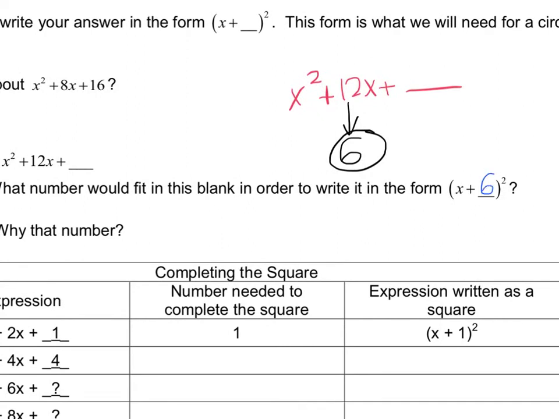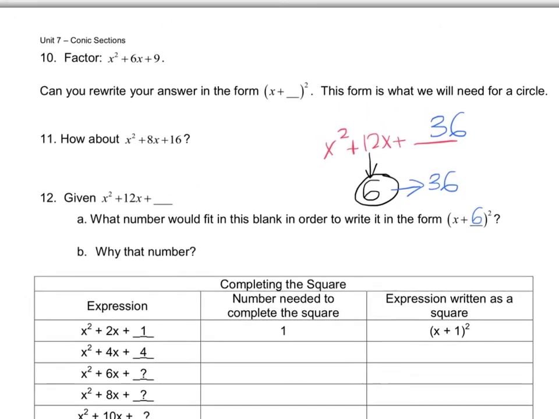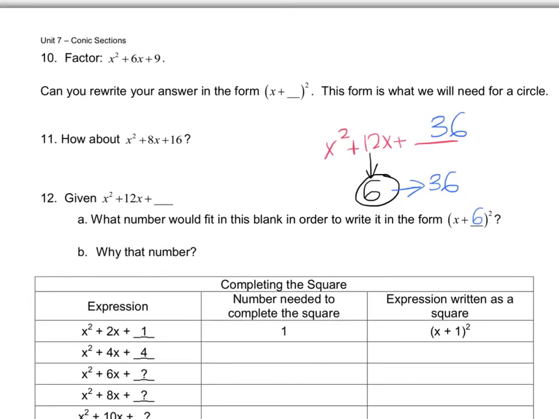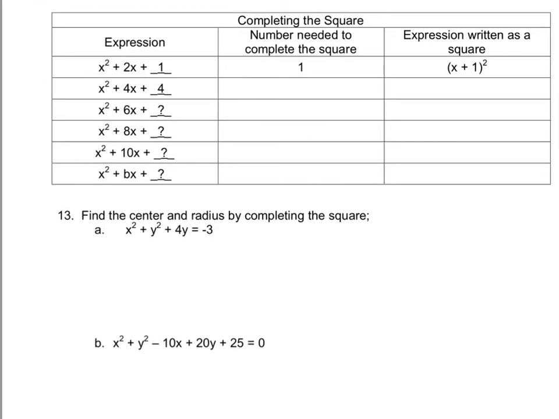After you divide by 2, you have to square it, which is 36. It means what should be added over here is 36. So x squared plus 12x plus 36 equals x plus 6 to the power 2. I hope this was a good reminder.